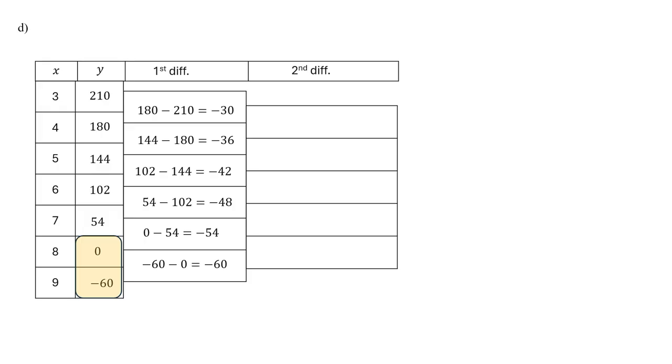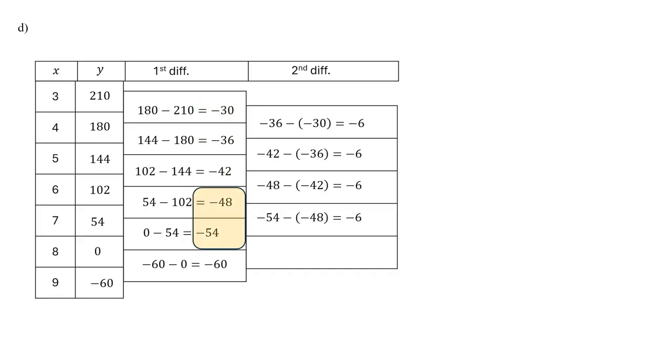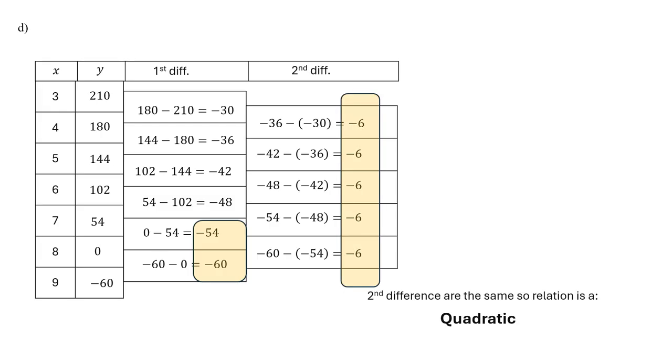All of our first differences are not the same, so we know our equation is not linear. Let's check our second differences. -6, -6, and so on. In this case, all of our second differences are the same, so now we know that our relation is quadratic.